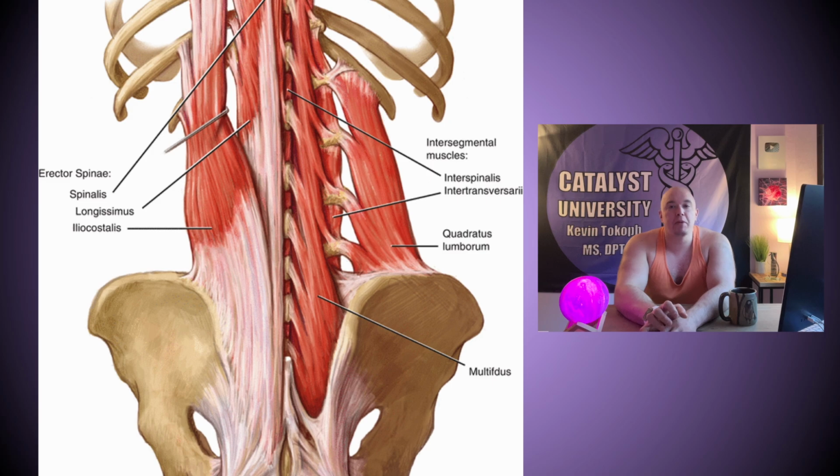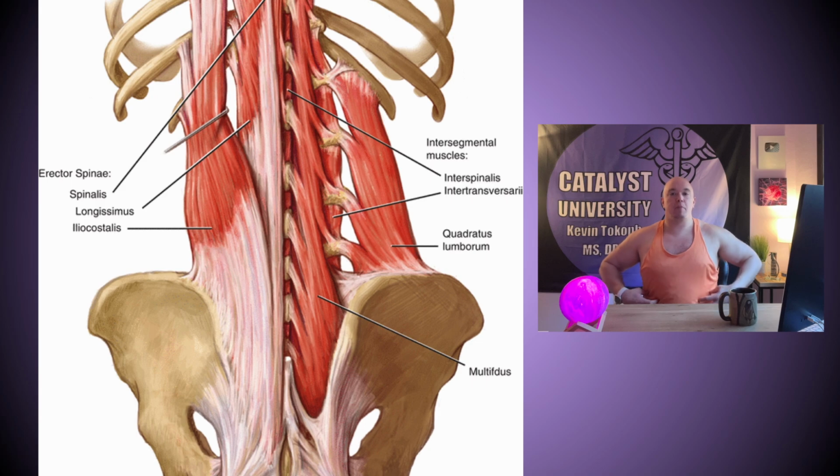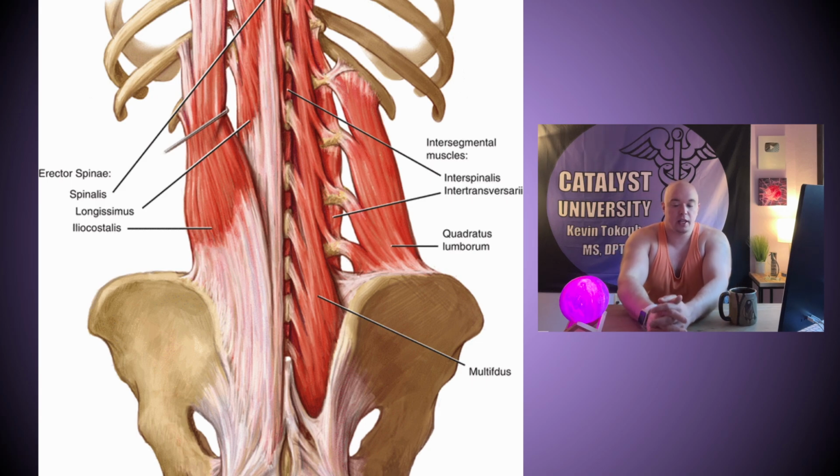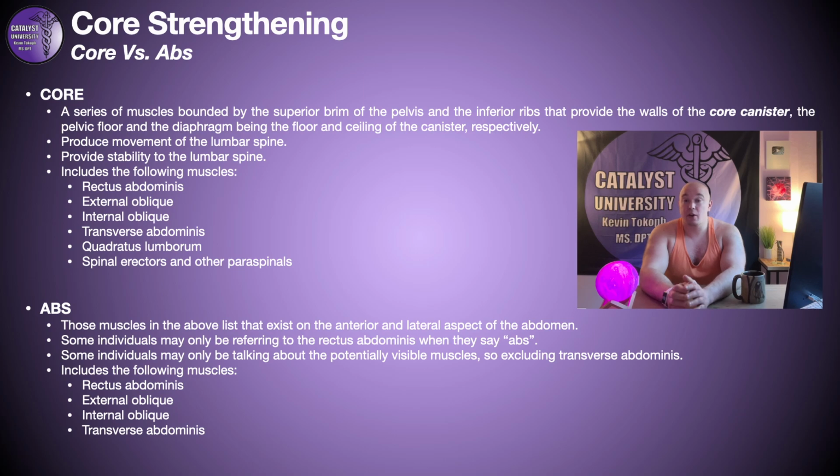Now, when most people think of the core, they just think of the front and lateral muscles. Front being rectus abdominis, lateral being the external and internal obliques, and then deep to that, the transversus abdominis, so those four. Technically, the core includes every single one of those muscles that I just mentioned.